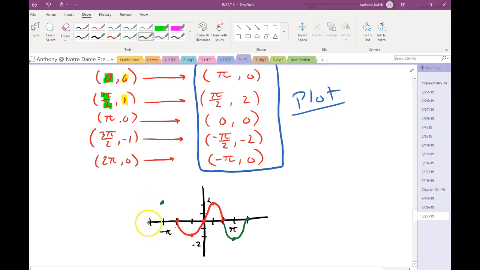And after that, I should go back to the x-axis. And so I can extend my graph as much as I want in either direction just by following the same pattern that I generated earlier from that period.